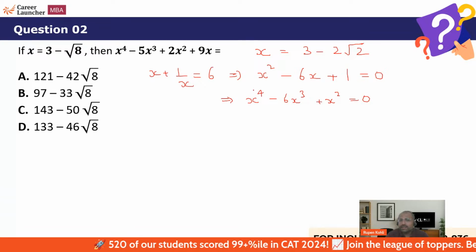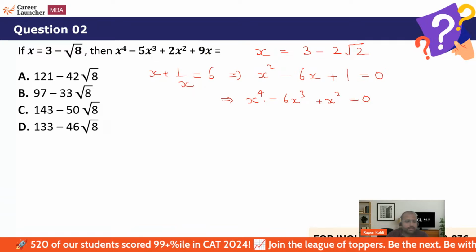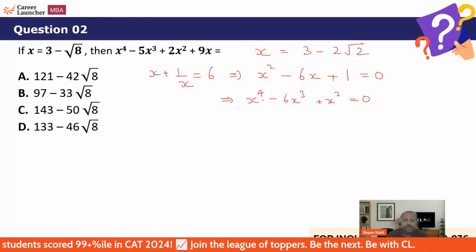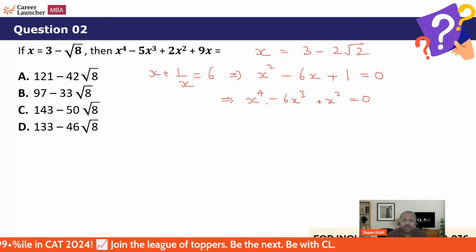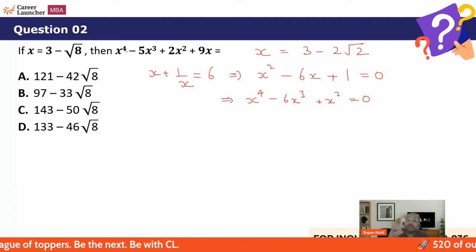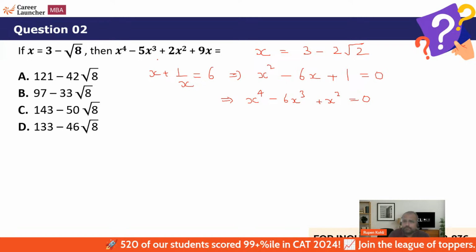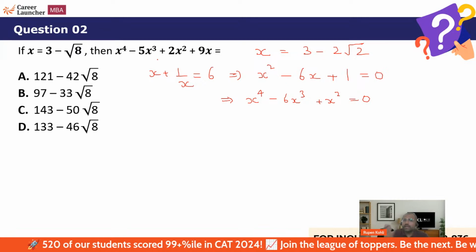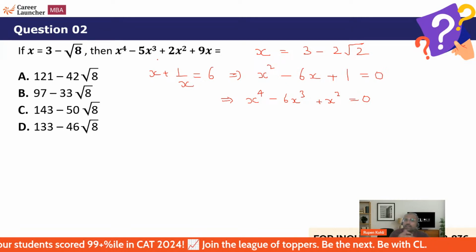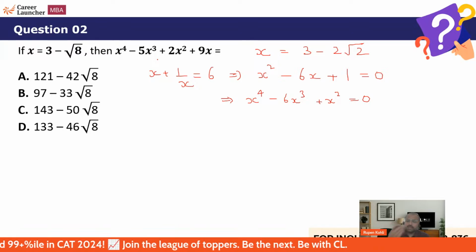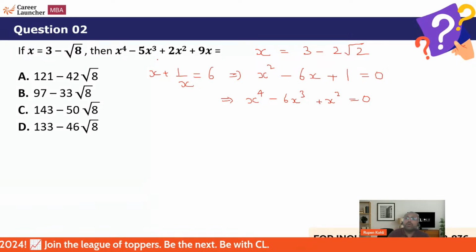Now, do you see the connection or the logic that I'm trying to say here? Which is that I can extract an expression from the given target expression which is 0 for the given value of x, and I can reach an expression involving a lower power of x, right?